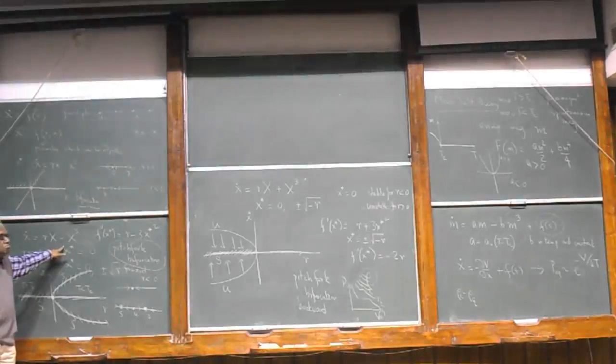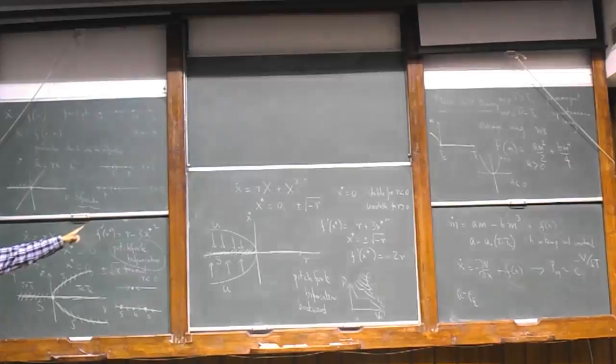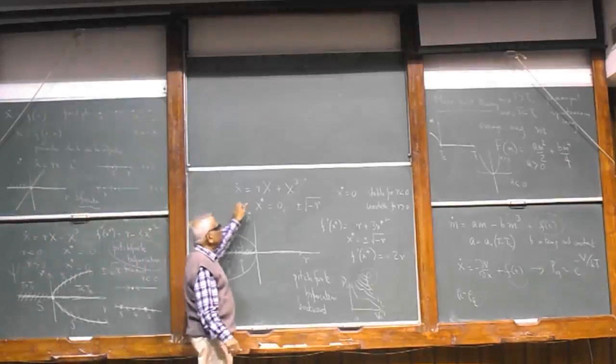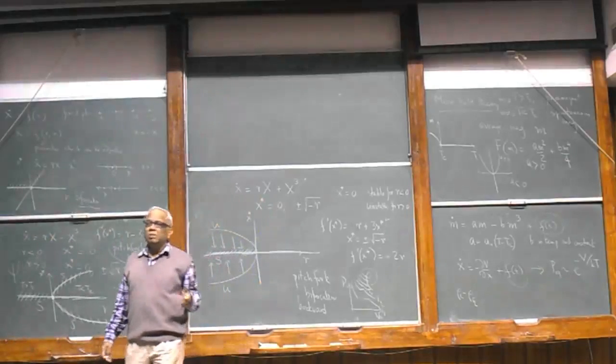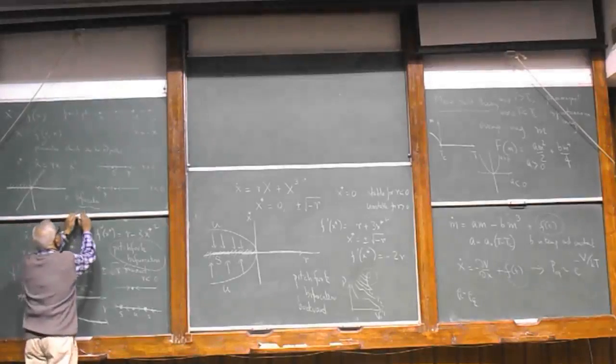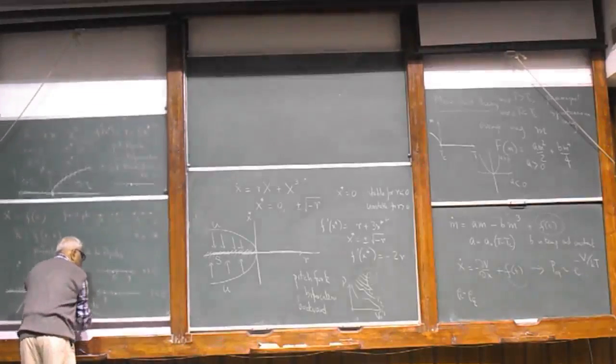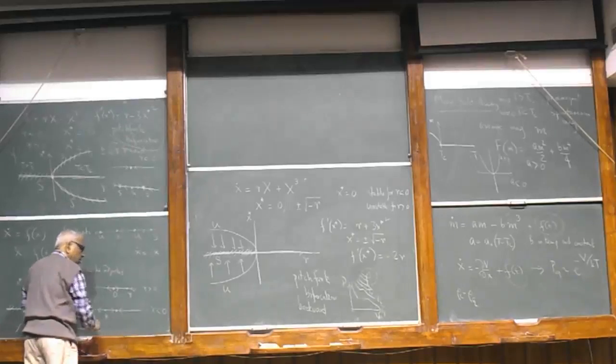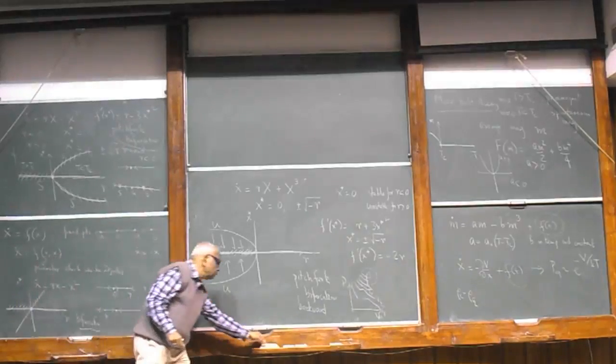So maybe if I try to do some doctoring over here, maybe the first order transition can come into existence. So that is the motivation for the next part of the study in the bifurcation business.